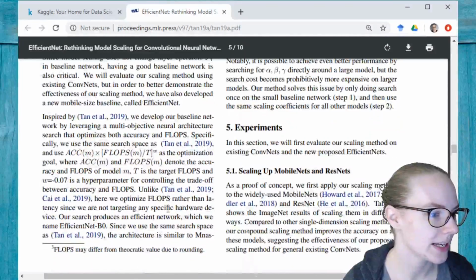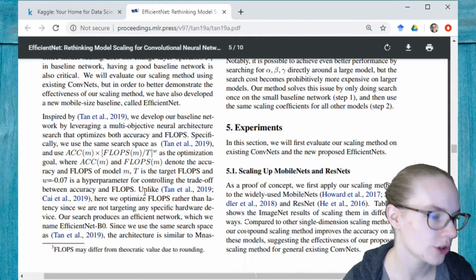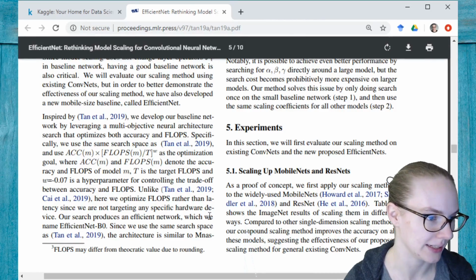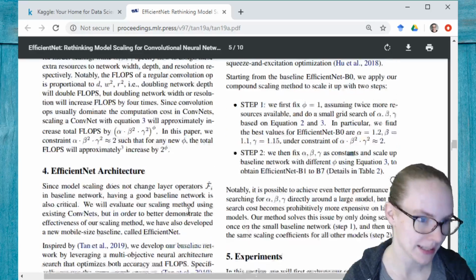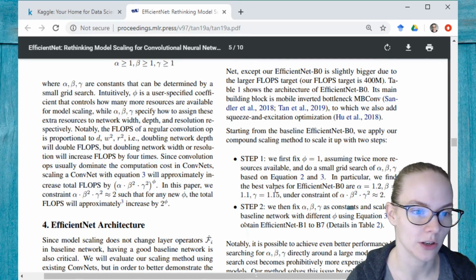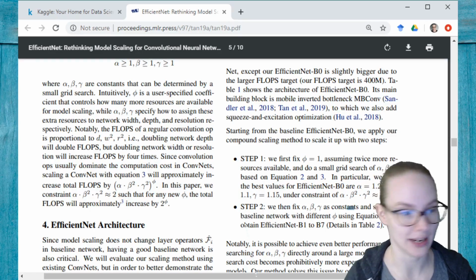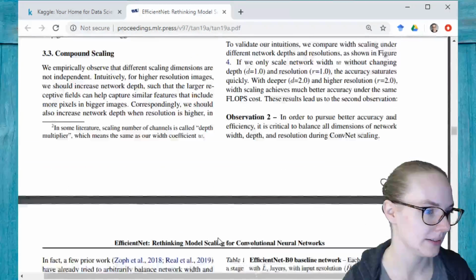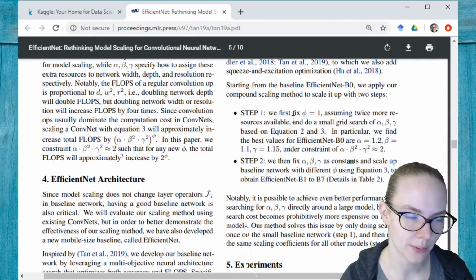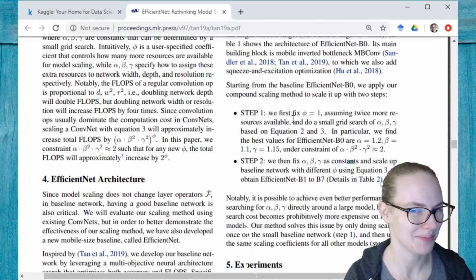So they used this architecture search, the architecture search was multi-objective, to find a baseline model, and then they are going to be doing some compound scaling using the method defined here. So step 1, we first fix phi, pretty sure that's phi.